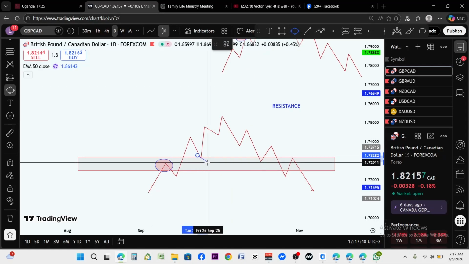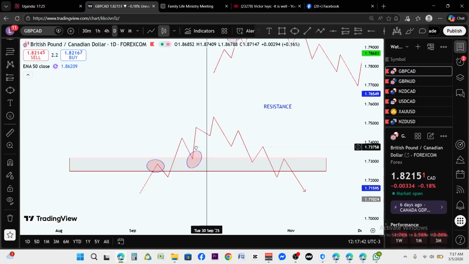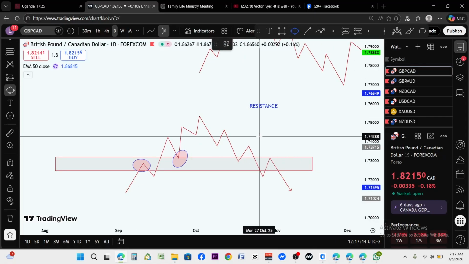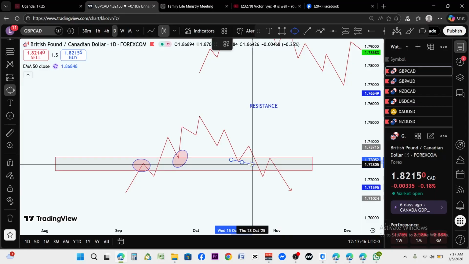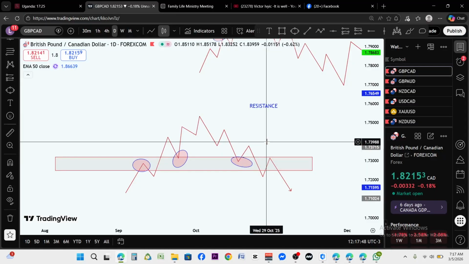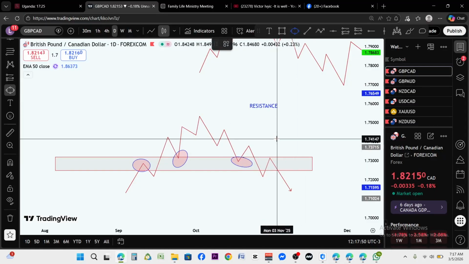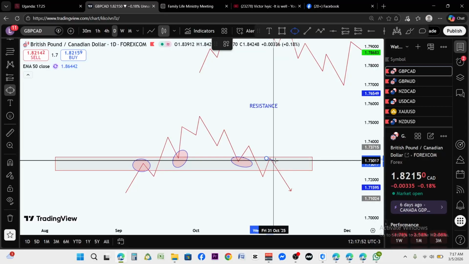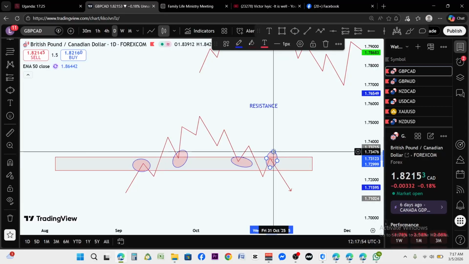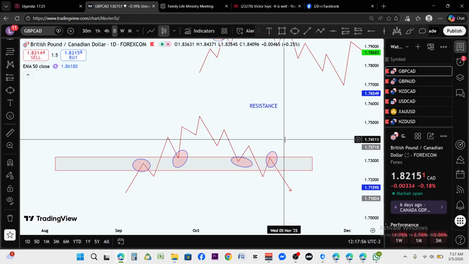Here is support. Here support. And here resistance. Resistance is where price previously rejected.